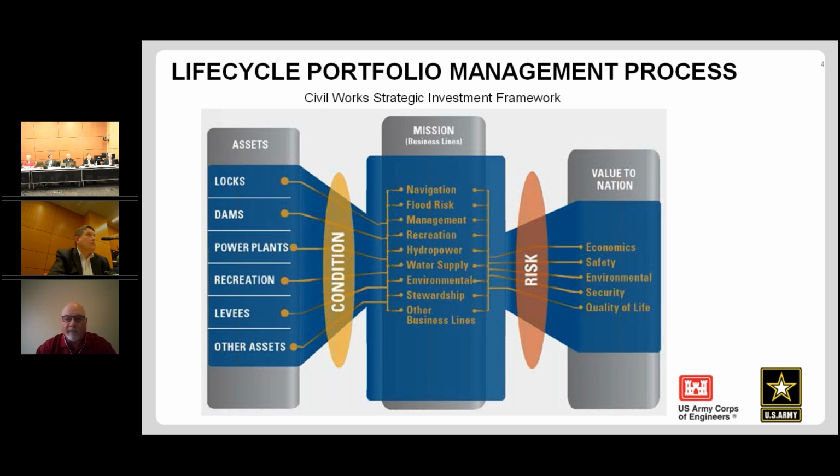As we mentioned earlier, we have navigation, flood risk management, recreation, hydropower, water supply, and a couple other missions. And then through that risk, we figure out the best way to spend our budget for such things as economic benefits, safety, security, and quality of life. Next slide, please.